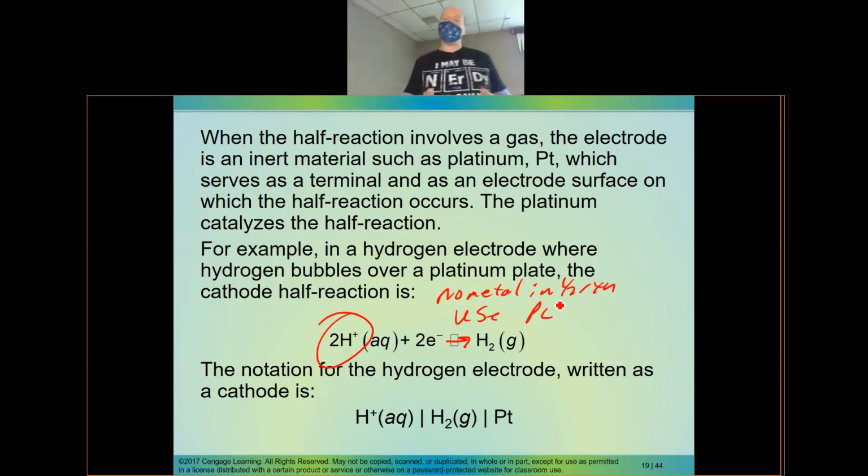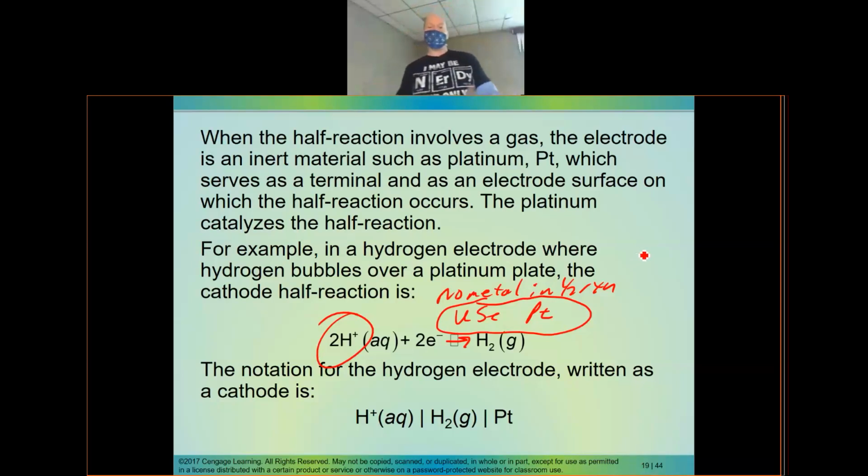Platinum is an inert metal, an excellent electrode. It's not going to change the reaction, but it will let the electrons flow from your anode to your cathode. So when there's no metal in your half reaction, always use platinum. Sometimes you can use something else. Sometimes you can't. You can always use platinum.